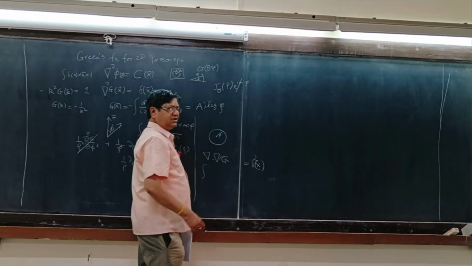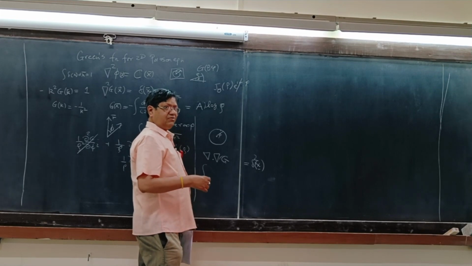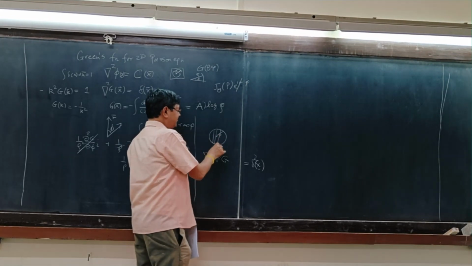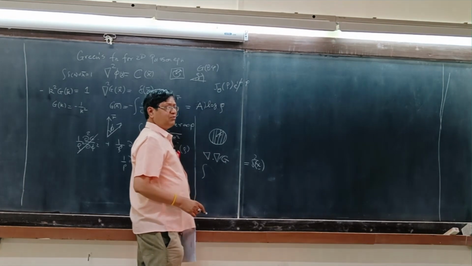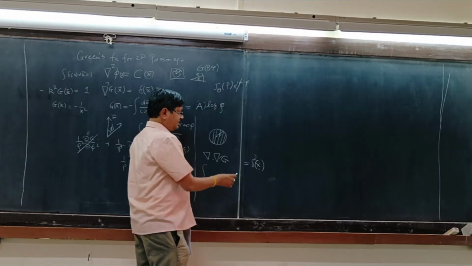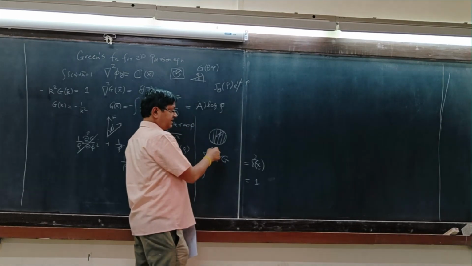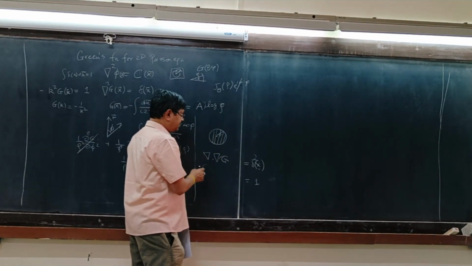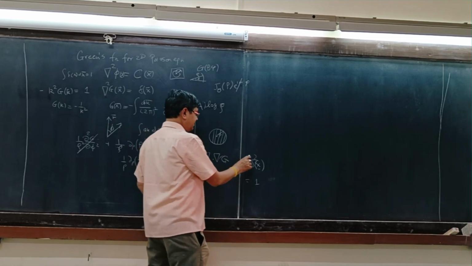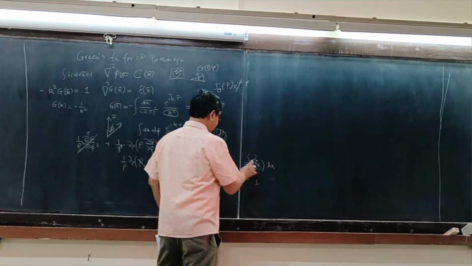So that will give me, integrate both sides over this area. What will I get? The volume integral is 1 because the delta is inside, but the left hand side, I am integrating both sides over volume.